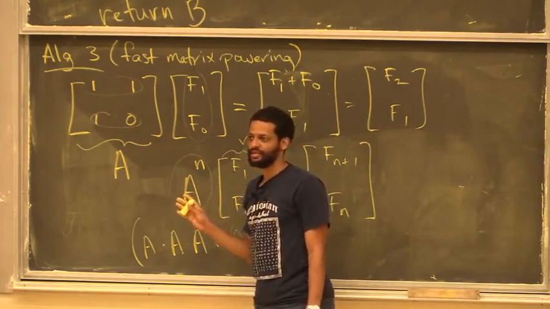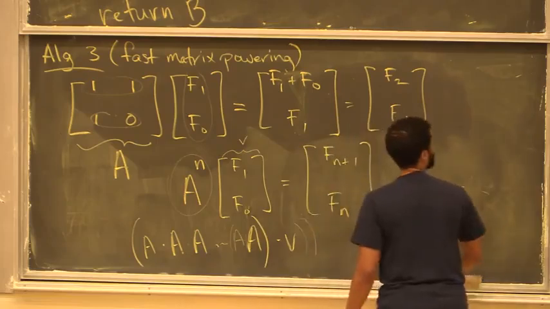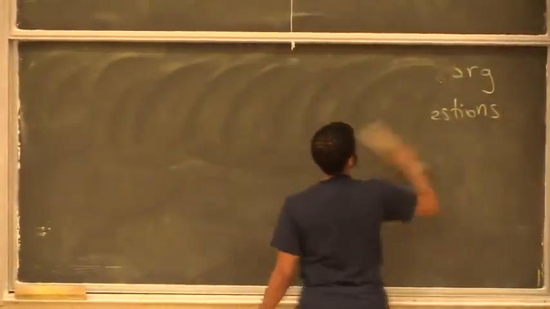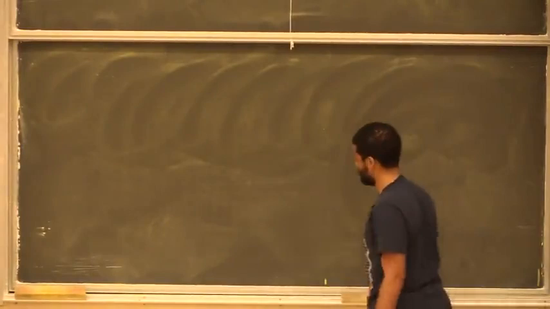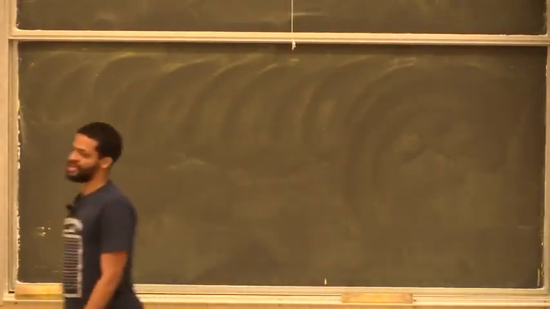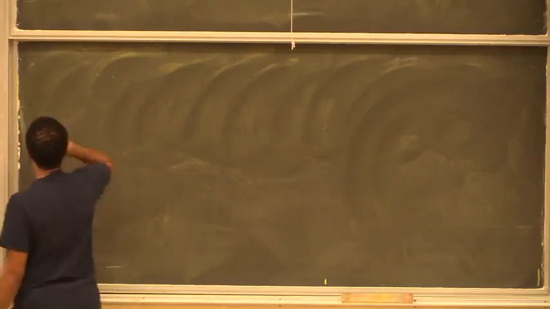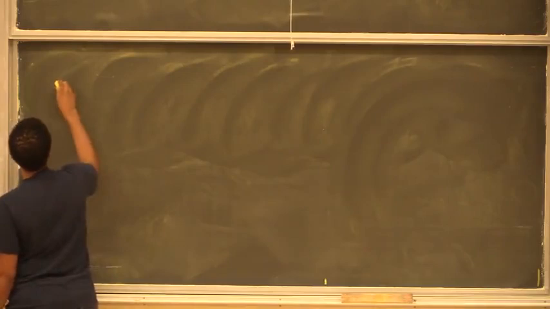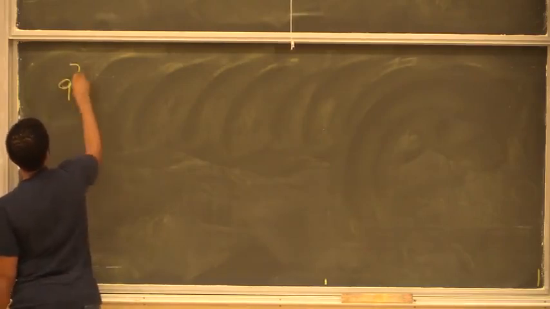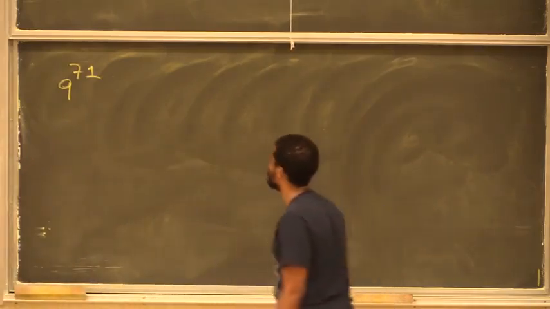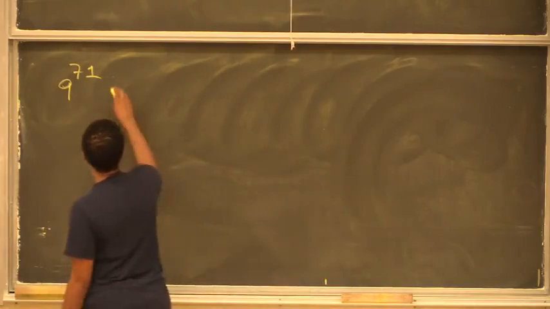Okay? So let me describe to you how that works. Forget about matrices. Let's just think about integers. Suppose I wanted to know 9 to the 71st power. Well, I can compute a bunch of things.